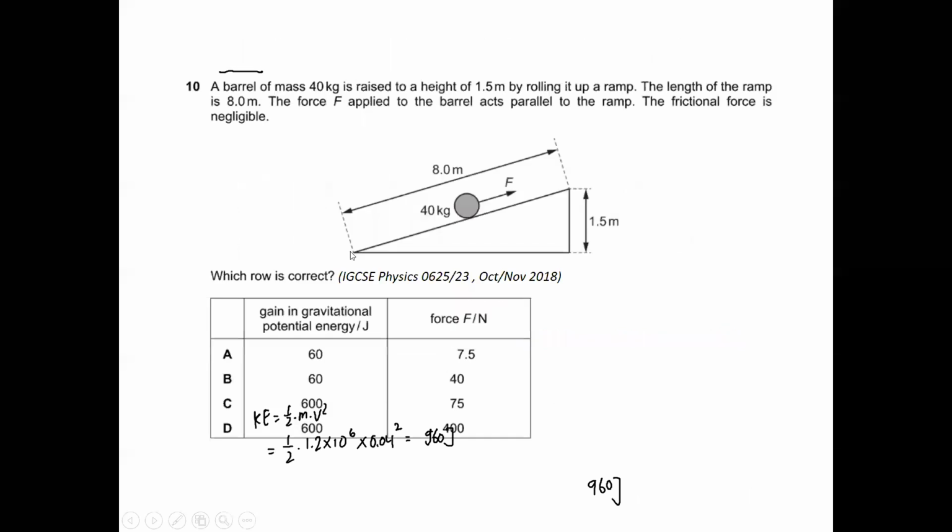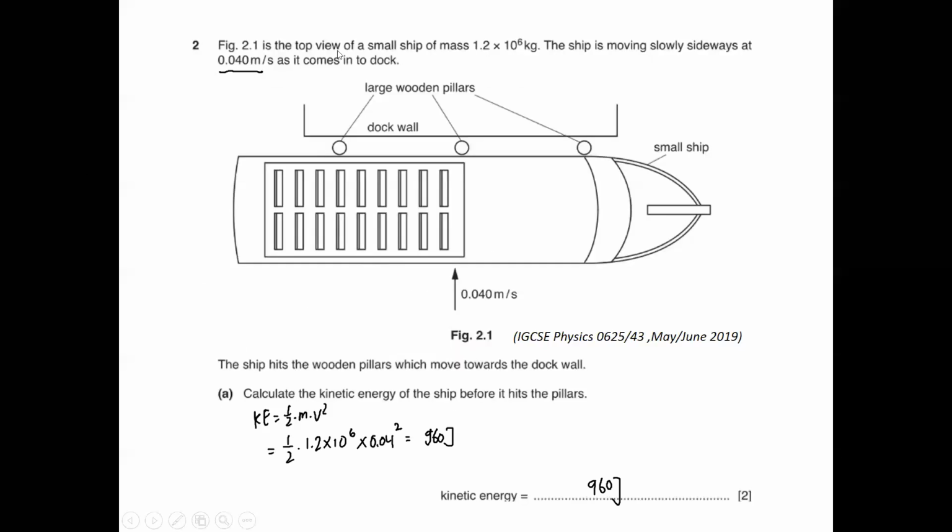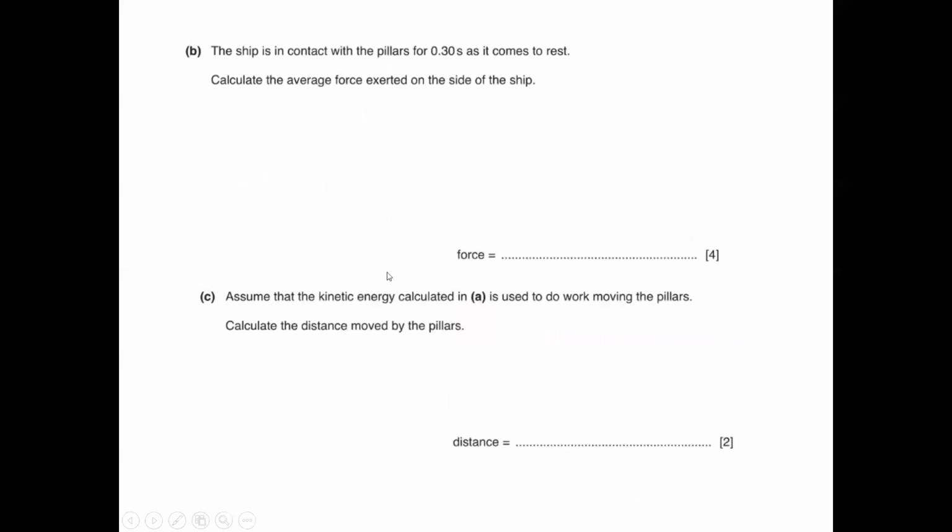Then, sorry, and then the next one for B. The ship is in contact with the pillars for 0.3 seconds as it comes to rest. Calculate the average force exerted on the side of the ship. So you want to find the force.